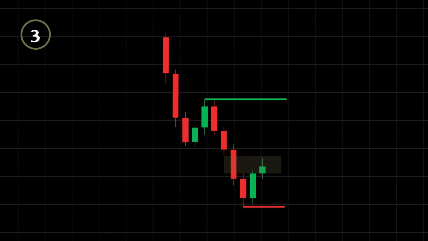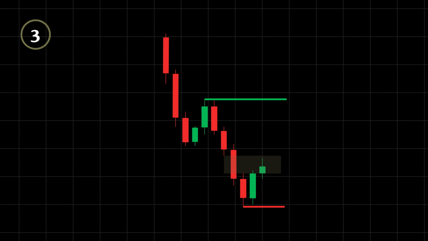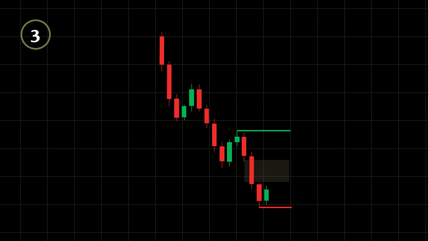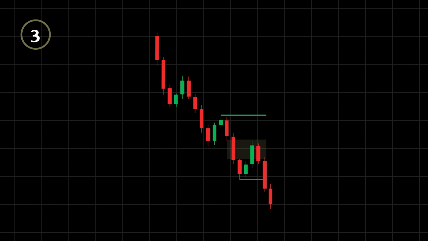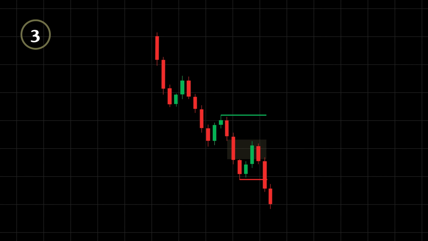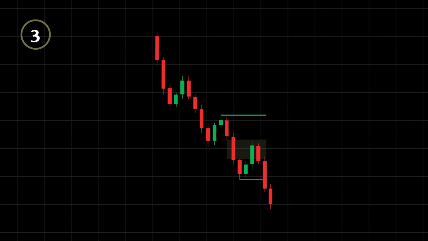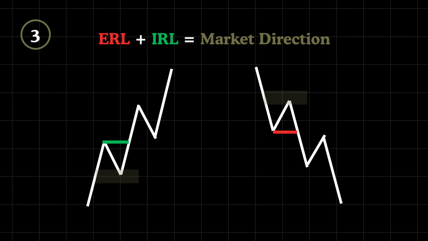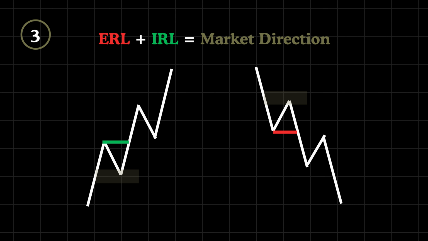If we anticipate that price will break through the sell-side external range liquidity, ERL, we need to search the prior bearish impulsive move for internal range liquidity, IRL, in the form of bearish fair value gaps, FVGs, that can propel price downward. This dynamic highlights how internal and external range liquidity work together to shape trending movement in the market.